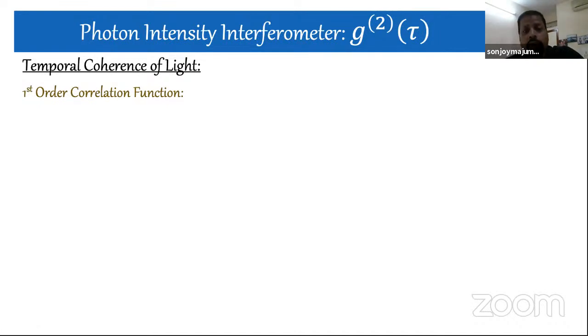Before going to talk about the experiment, we want to discuss something very important for that experiment: the temporal coherence, that is, over time how much coherence exists in the light. This is all because we would like to look at the sub-Poissonian distribution of the light.